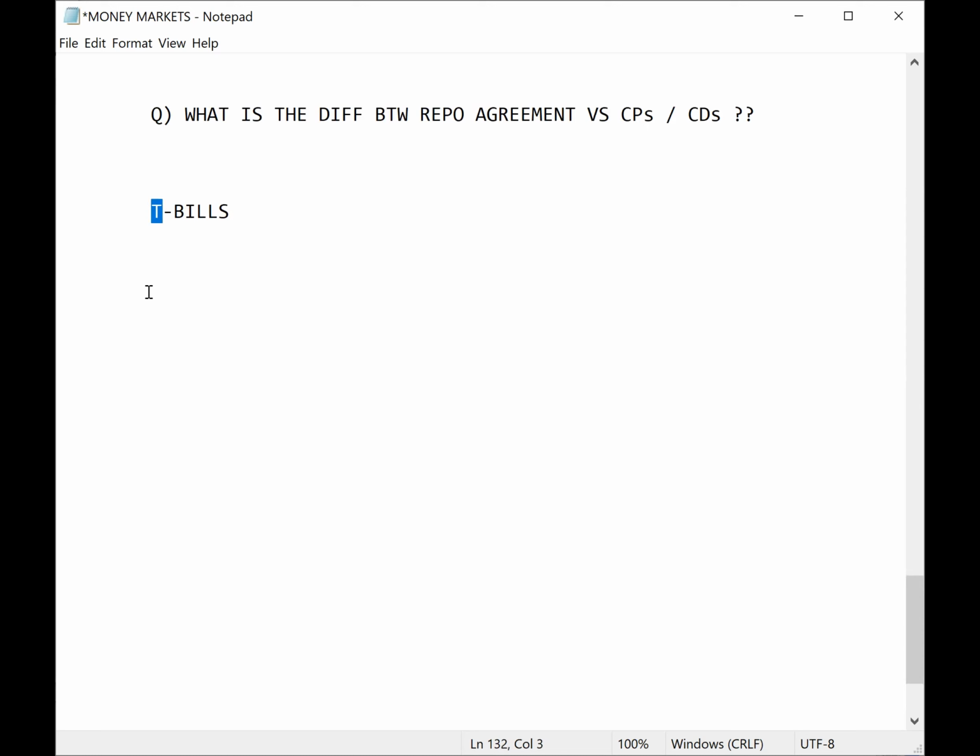Okay, so these are government. So treasury bills, treasury bonds are securities issued by the government to raise money. Bills are issued for less than 1 year, so these are money market instruments. Bonds are issued for more than 1 year, so those are capital market instruments. These are issued by central governments for their borrowing needs for less than 1 year.